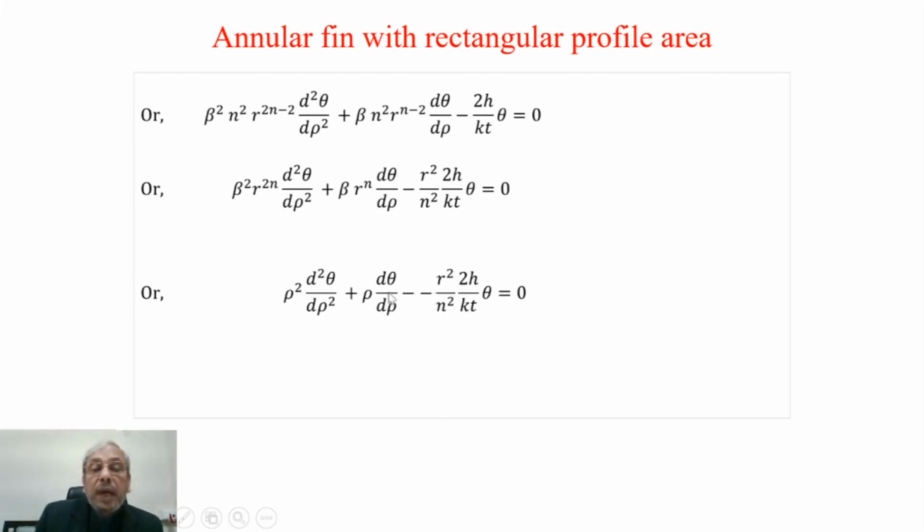Again here the two minus signs have come, it is one minus sign actually, so please be careful: minus r square by n square twice h by kt into theta. So this becomes our governing equation.